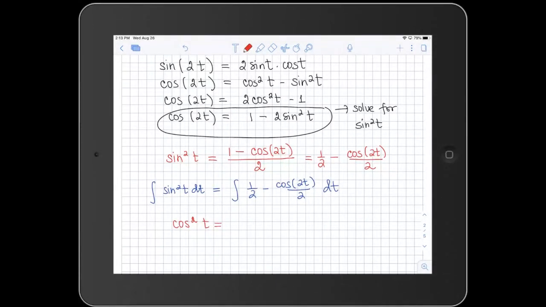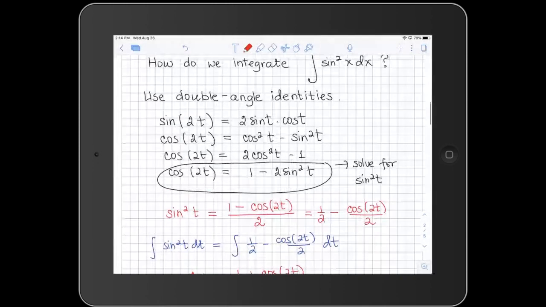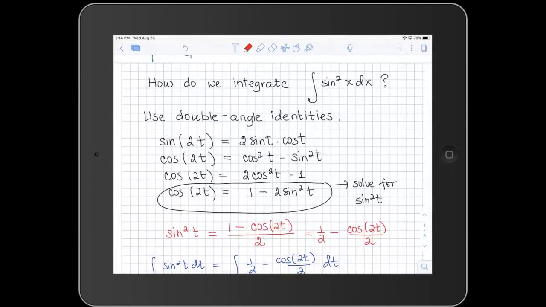If I solve it from one of these formulas, that's going to be 1 plus cosine of 2t over 2. You notice these formulas are basically the same thing: for sine we have negative, for cosine we have positive. So that's how you approach a problem where you have sine squared.